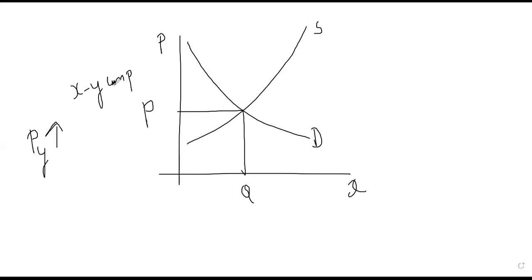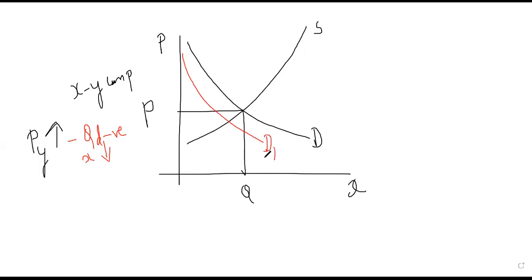Right side? No. Demand has a negative relationship with the price of a complementary good. So if the price of Y increases, demand for X will fall. This causes the demand curve to shift towards the left.